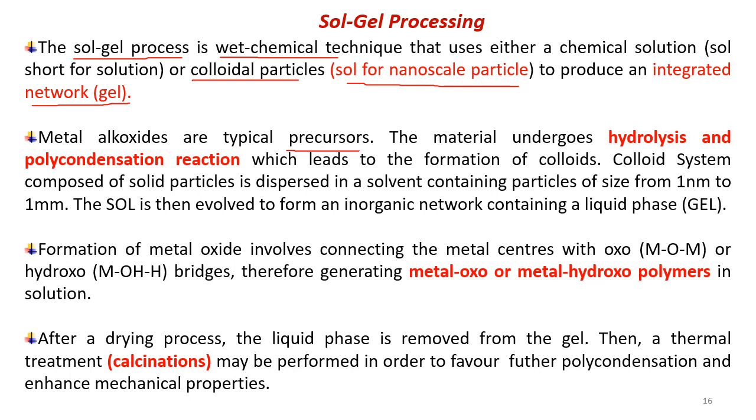Why is it called an alkoxide? Here the metals are going to be dissolved in water, where their hydrolysis will take place. But these metals will not dissolve in water so easily, so first we mix them with alcohol.